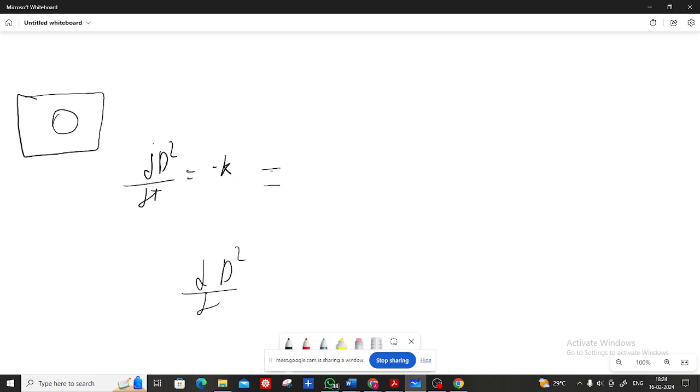d squared upon dt is equal to minus k, which is equal to minus 8 rho d upon rho l ln(1 plus B).